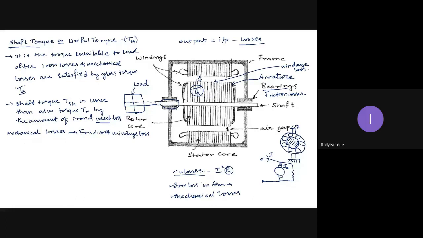So therefore my T_SH is equal to T_A minus T_loss, where T_loss is the torque required to overcome armature losses.